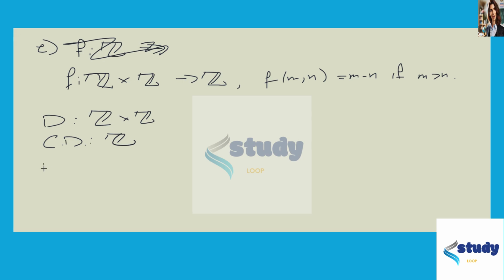Now our domain of definition is a little bit trickier because we have m must be greater than n. So if we just write this out, this is the set of integers m and n on the condition that m is an integer, n is an integer, and m is greater than n.